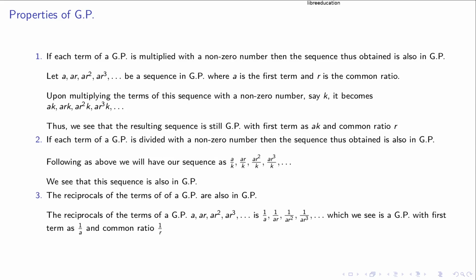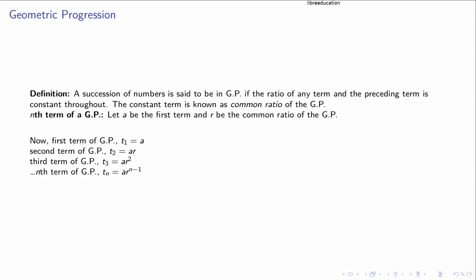Now let's look at the GP. So before we look at this, let me give you some examples of GP. For example, if R is 2 and first term is 1, then it will go like this: 1, 2, then 1 into 2 square, that is 4, then 1 into 2 to the power 3 or 2 cube, that would be 8, 1 into 2 to the power 4, that would be 16, and so on.